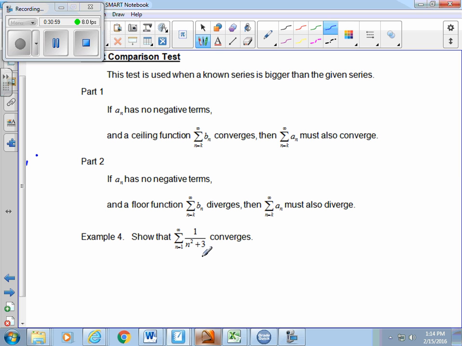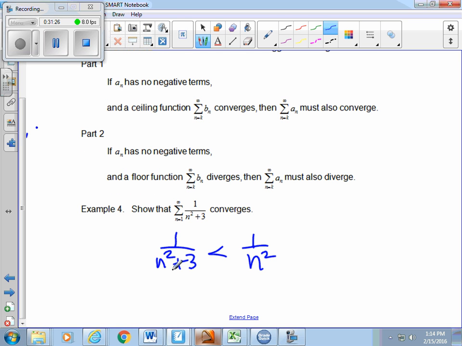So would you agree 1 over n squared plus 3 is less than 1 over n squared? Always? Every term, 1 over n squared plus 3 is always less than 1 over n squared. We know that 1 over n squared converges by a p-series test. So this series would have to converge by direct comparison with a p-series test. So that's how that works. We'll work on that wording a little bit better tomorrow.